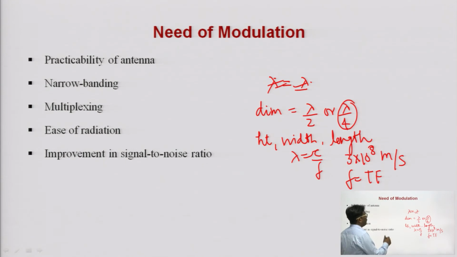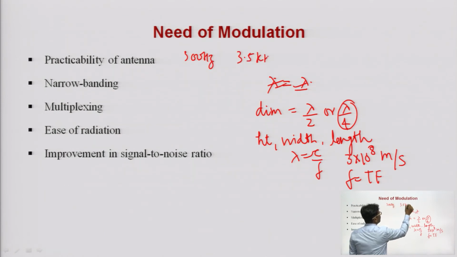So, suppose we do not go for modulation. For example, if I take my speech signal, which contains frequency components between 300 hertz to 3.5 kilohertz without modulation, this range is basically the baseband range, the baseband information or modulating signal.